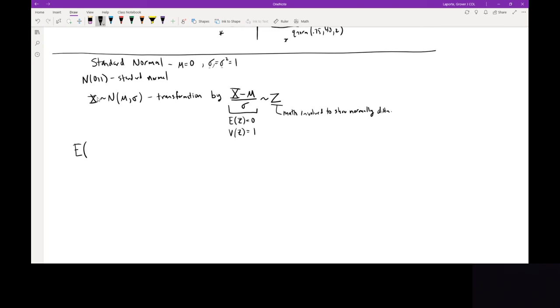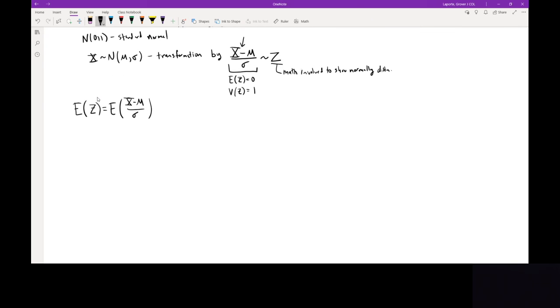So I've got the expected value of Z is equal to the expected value, and all I'm going to do is take this and throw it in here. So I get X minus mu over sigma. If you remember from our class when we started talking about expected value and the linear operator, if it's a constant, then I can just take it out of the expected value.